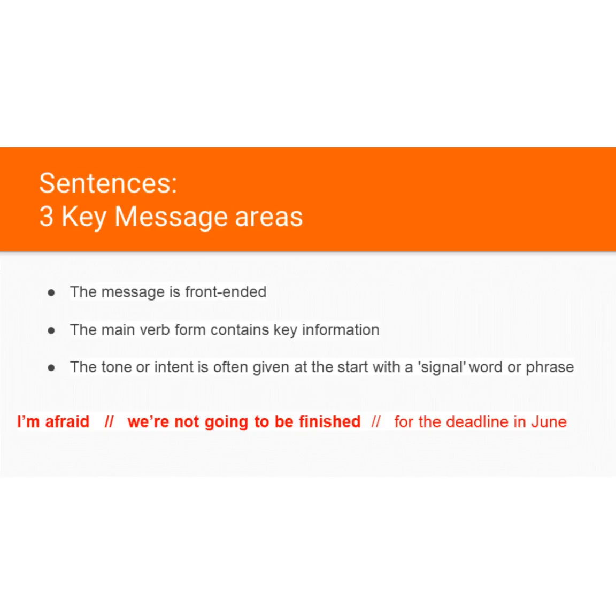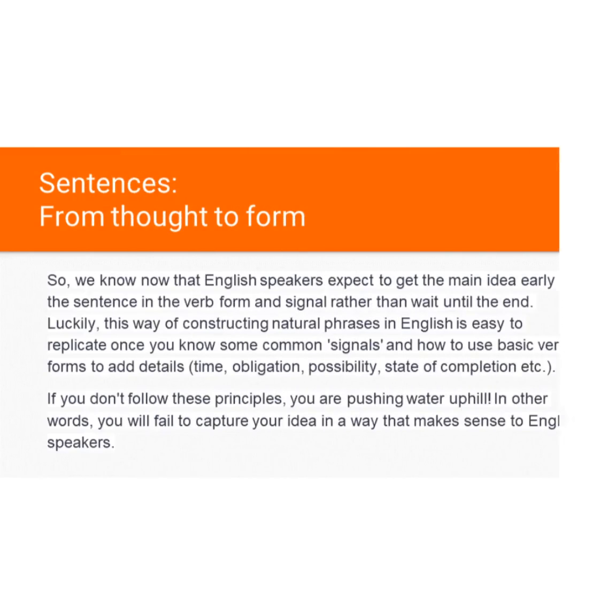The signal phrase, I'm afraid, is used again to indicate that bad news is coming. So, I'm afraid we're not going to be finished tells me that it's bad news and the forecast is we will be late. The verb form we're not going to be is the future continuous. Okay, moving on.